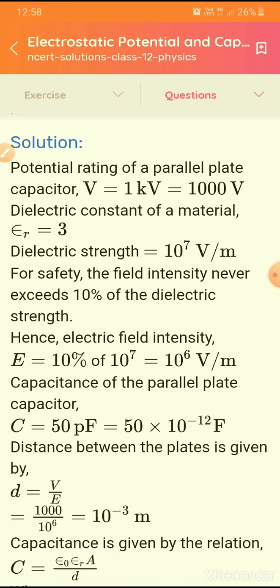The field intensity never exceeds 10% of the dielectric strength, so E is equal to 10% of 10 to the power of 7, which gives 10 to the power of 6 volt per meter. The capacitance of the parallel plate capacitor is C equal to 50 picofarads.